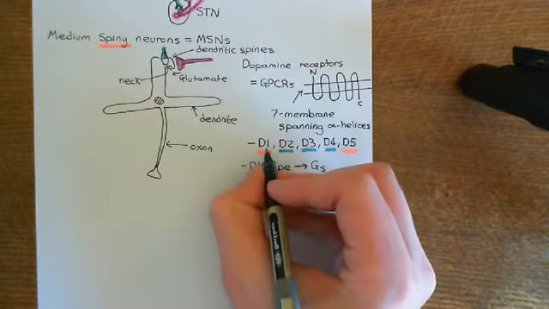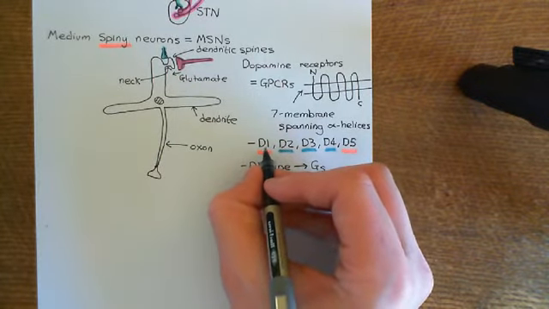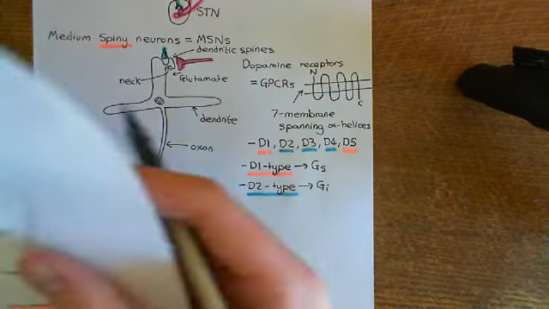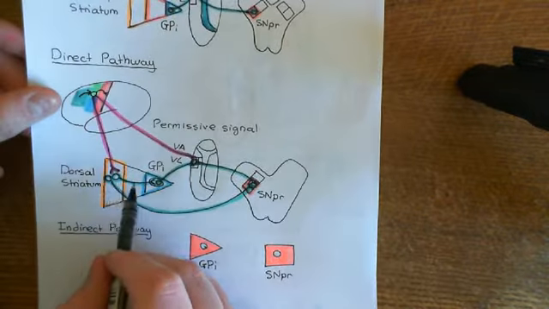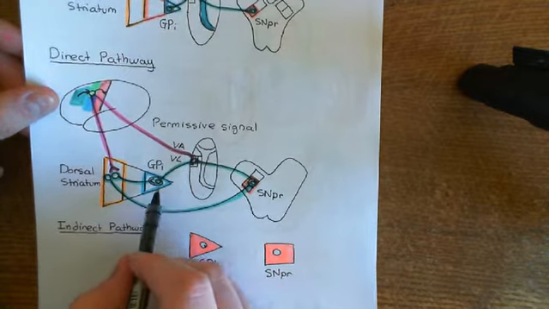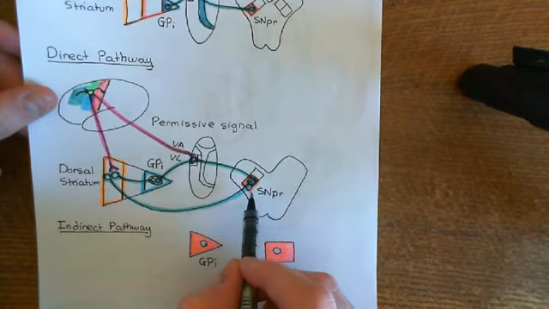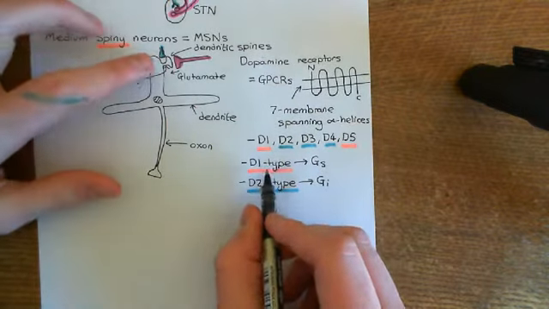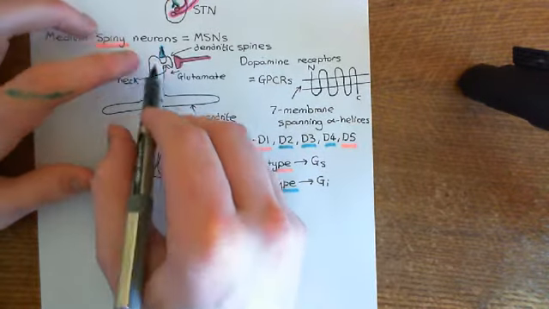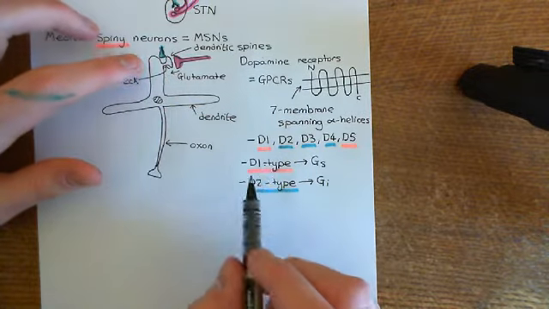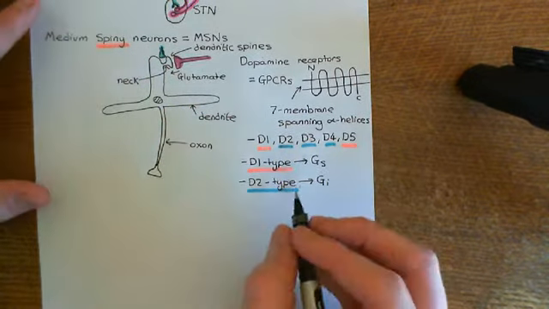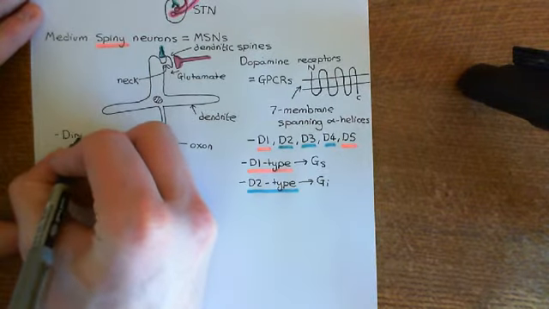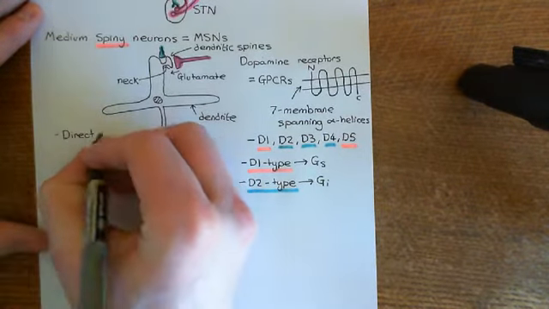Well, basically, the direct pathway medium spiny neurons, remember, the medium spiny neurons that are going to be sending their axons into either the internal globus pallidus or the substantia nigra pars reticulata, are going to have D1 receptors on the necks of their dendritic spines, whereas the indirect pathway medium spiny neurons are going to have D2 receptors on their dendritic spine necks.